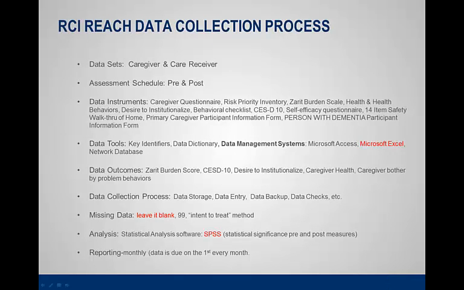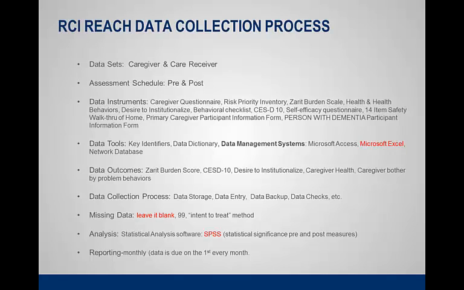For the RCI REACH data collection process, the datasets that we use are for caregivers and care receivers. And the assessment schedule is for pre and post data. We have over 10 data instruments that we use.